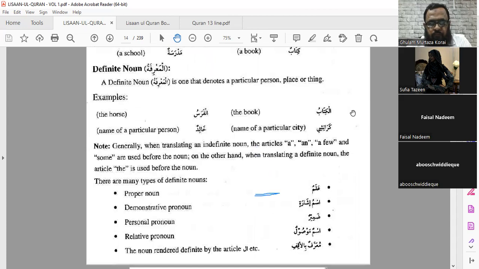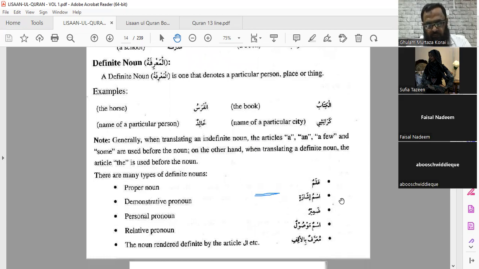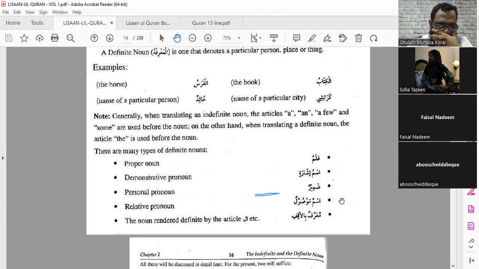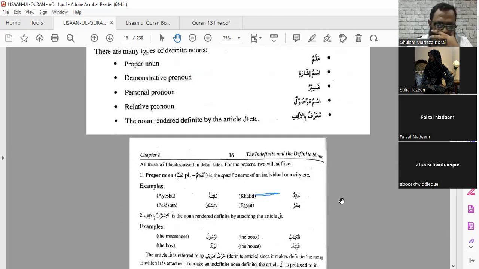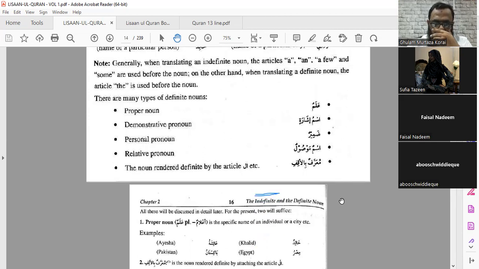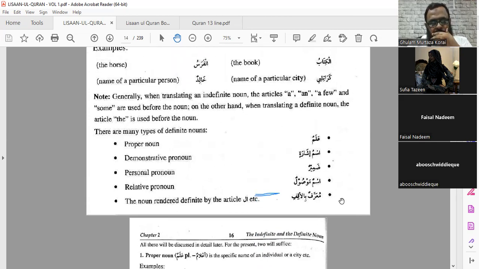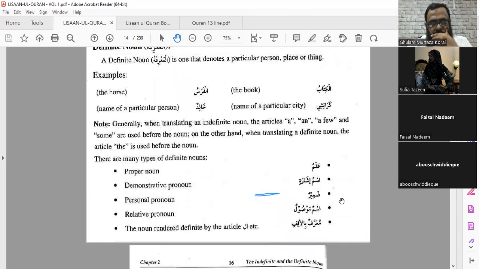We have not discussed in detail about alam and ismul isharatun, but I have understood a little bit that ismul isharatun differentiates between male and female and singular and plural. Okay, very good, brother.